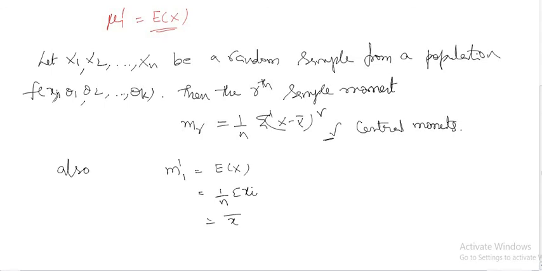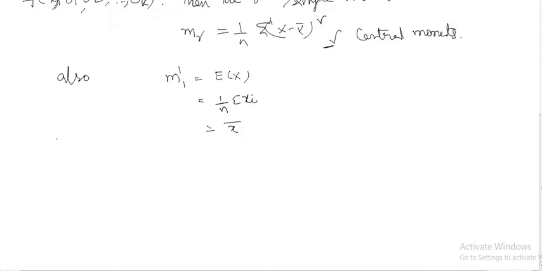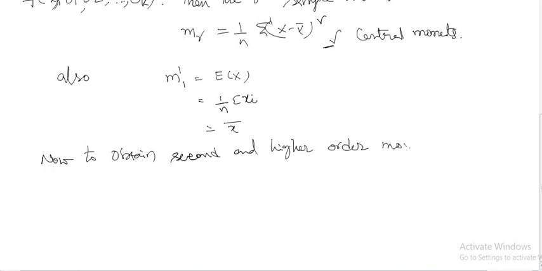In the same way, we continue. Now, to obtain second and higher order moments, mu r equals mr, for r equals 2, 3, and so on.